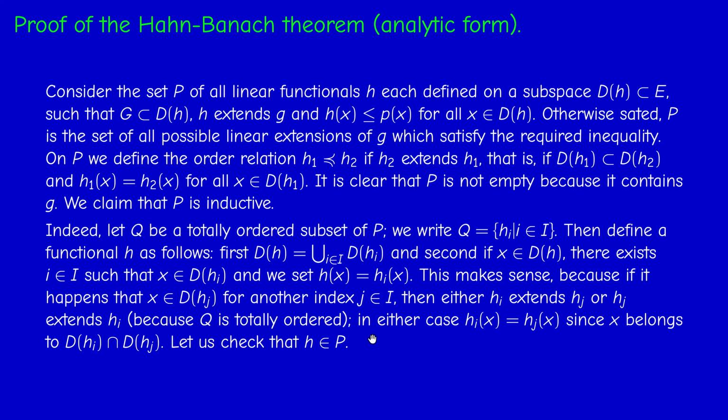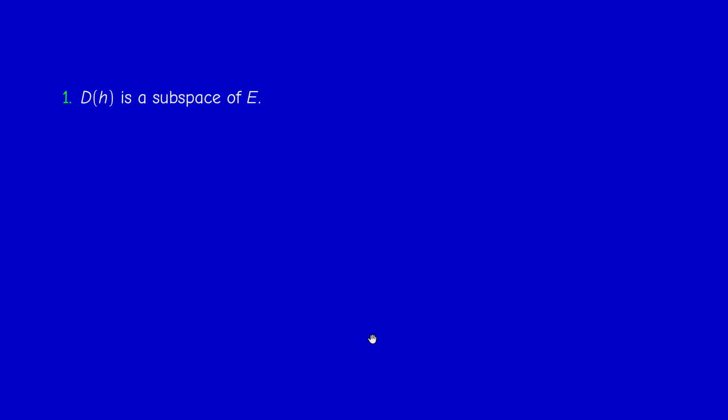The union of two subspaces in general need not be a subspace. But here, because of the total ordering assumption, it is true. How do we prove that D(h) is a subspace of E?